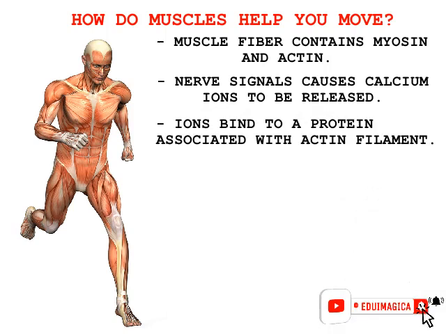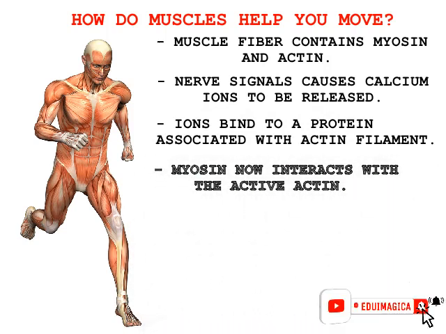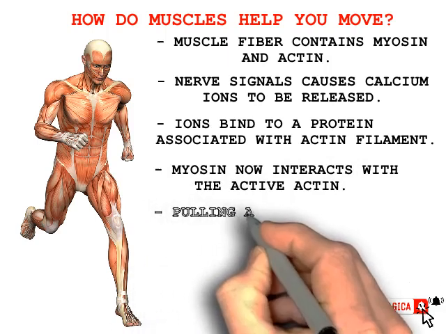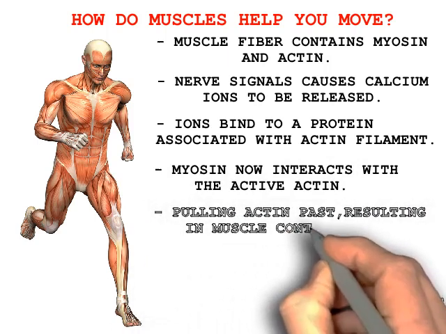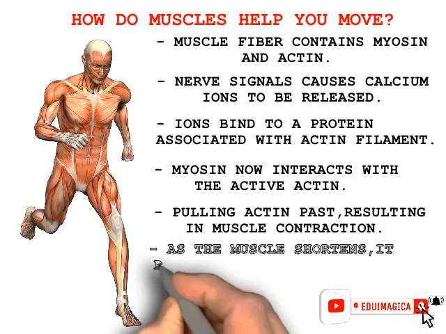Parts of the myosin structure can now interact with the active site of actin, thus pulling the actin filament, which results in the contraction of the muscle. As the muscle shortens, it pulls the tendons, which pull on the bone. This process occurs repeatedly until the nerve signal stops.